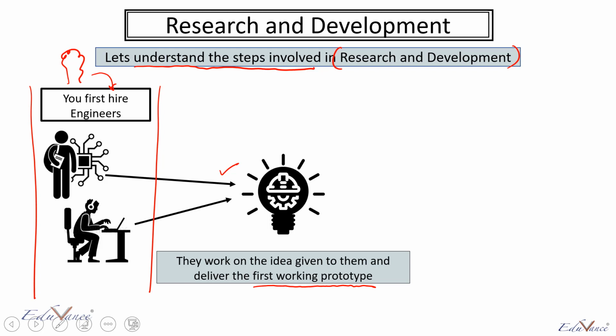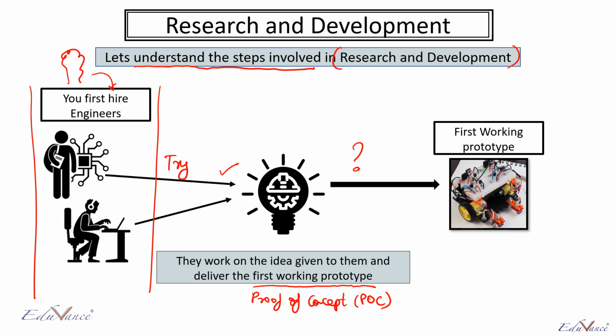Now the first working prototype is also called as proof of concept, or also called as POC. They will try and check, does this idea successfully work? So the question is, does this idea work in the first place? So the first step is you take the idea and you convert it into a first working prototype. And this is also sometimes called as POC, or proof of concept.